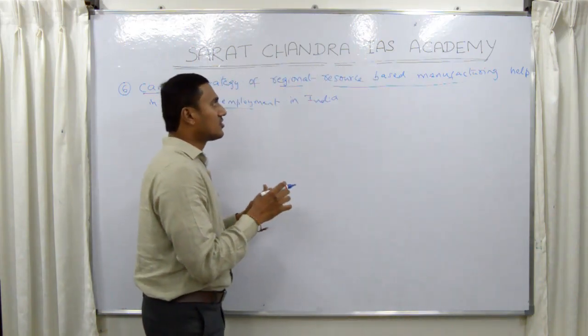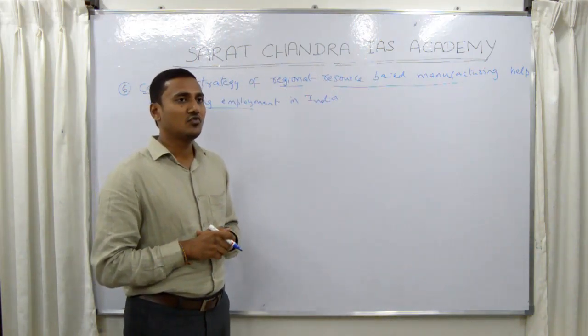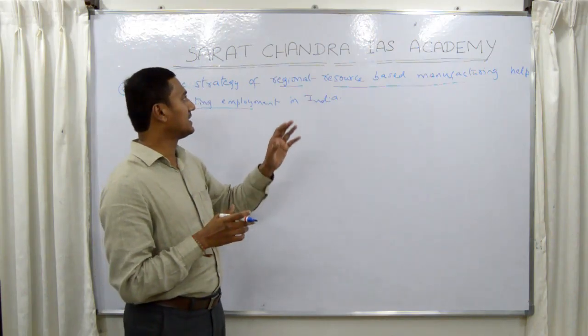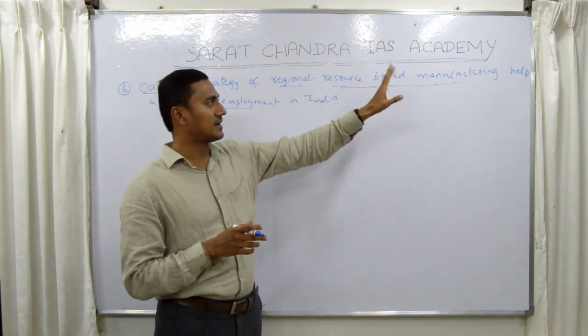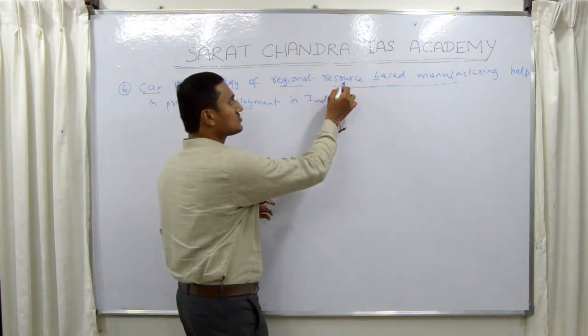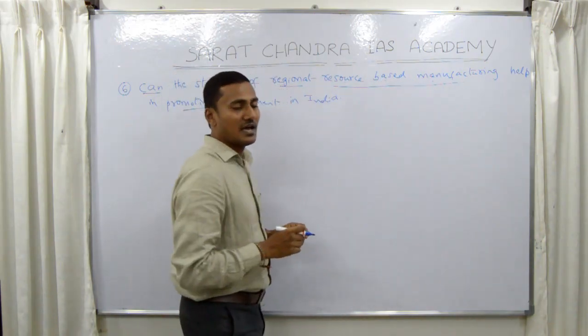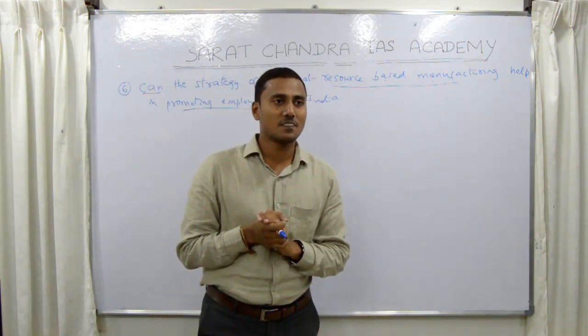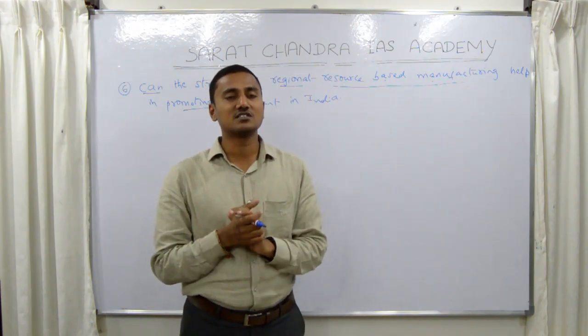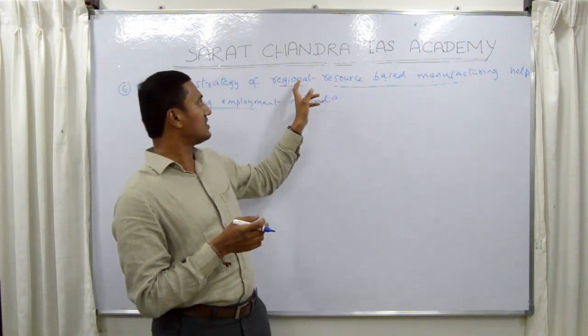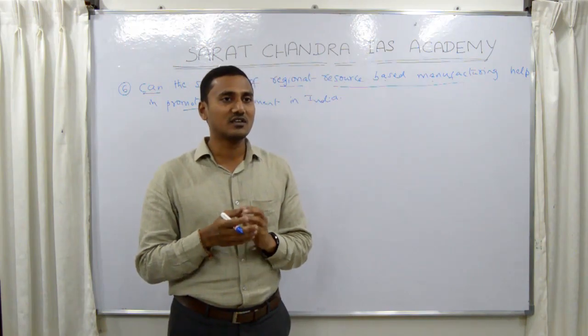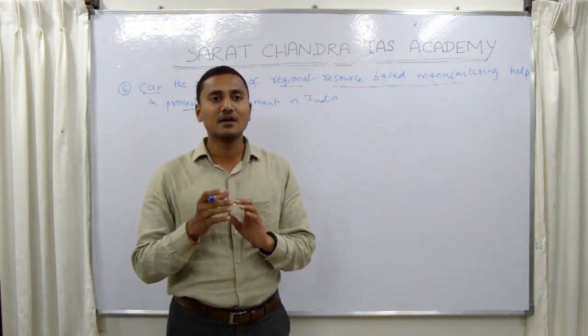See, in the introduction, it's better if you write what is the meaning of regional resource-based manufacturing. Resource-based manufacturing means establishing the industries based on the resources or raw material for the industries. Regional means establishing the industry in that region where raw material is available.